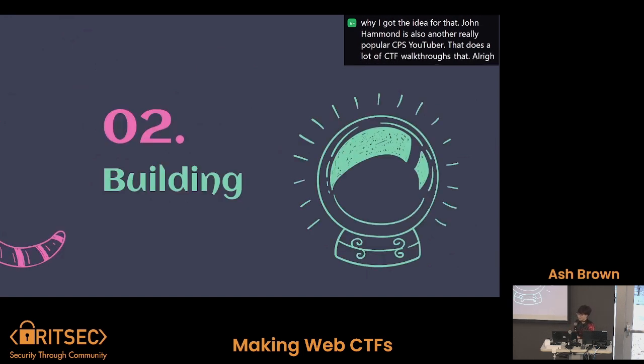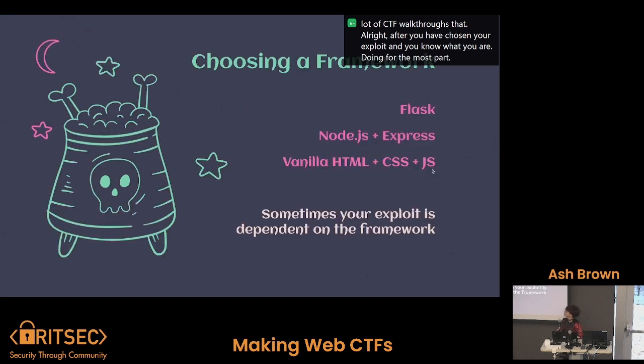Alright, after you have chosen your exploit and you know what you are doing for the most part, then you gotta actually make the website. So first, you gotta choose a framework. Two really popular ones are Flask and Node. I like Flask because I like Python and I don't like JavaScript.